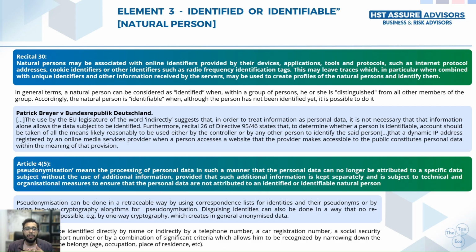They interpreted the term indirectly in a larger context. That means if you are able to identify the person through a dynamic IP address registered by an online media service provider when the person accesses that website, yes, that will constitute personal data, and that IP address is any information which is creating a link to a person.